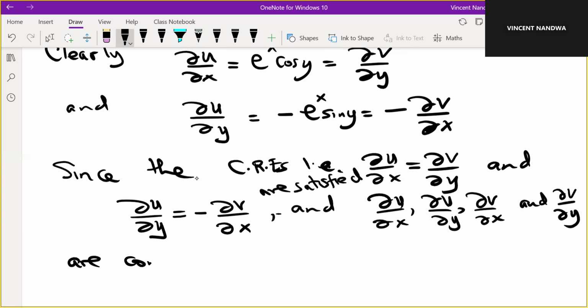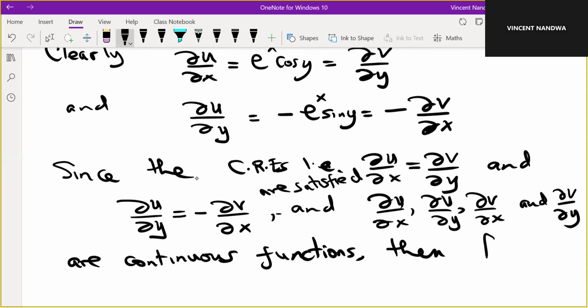Then f of z equals e raised power z is analytic in the whole plane.